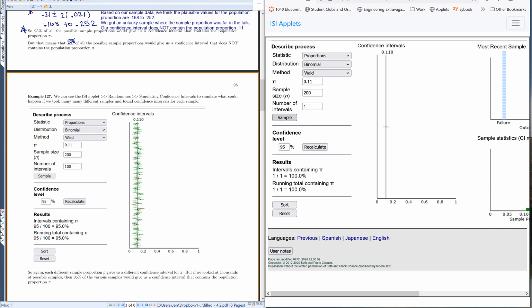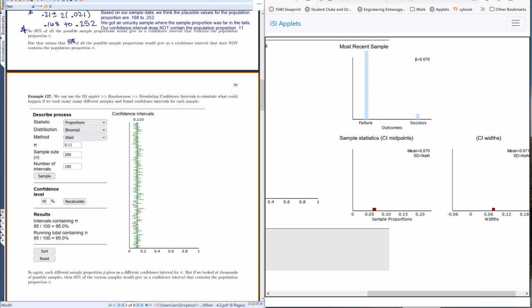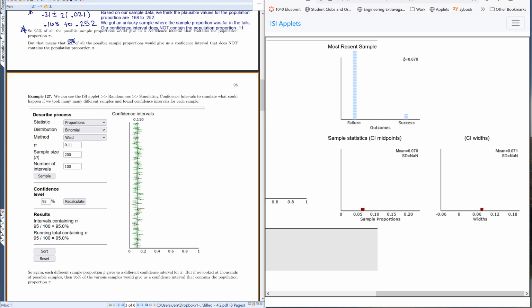Let's take a different sample. Now I have a different sample. You'll notice my sample proportion is now 0.07. It gave me a different sample proportion and a different width.